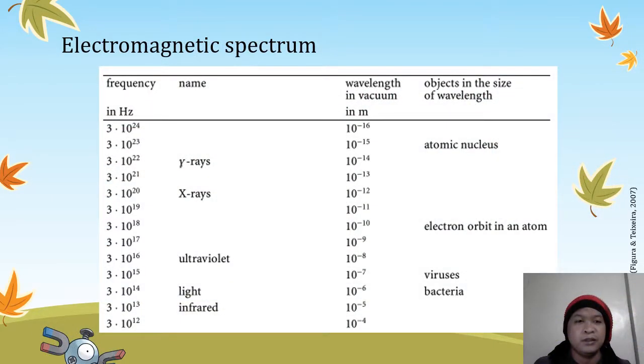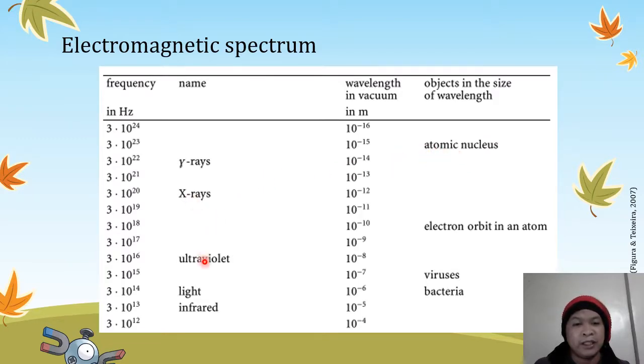When it comes to the electromagnetic spectrum, we know that a wavelength has an equivalent frequency, and one of the best ways to visualize this is to visualize the size of the wavelength. For example, gamma rays are the highest frequencies and therefore the shortest wavelengths, around the size of an atomic nucleus.